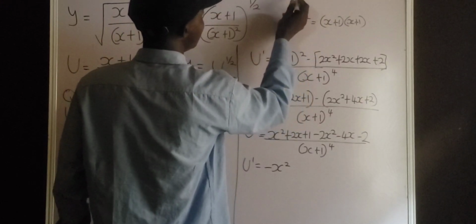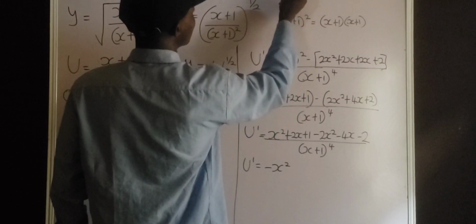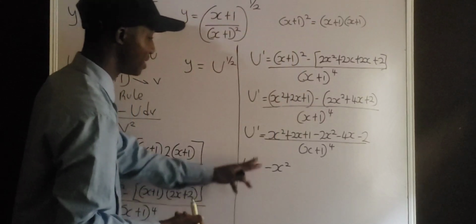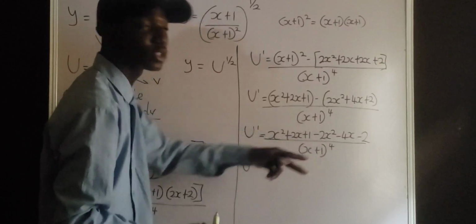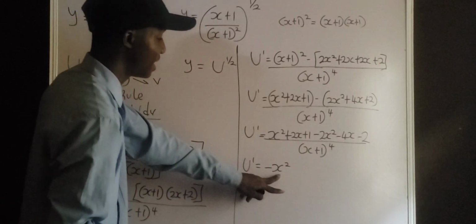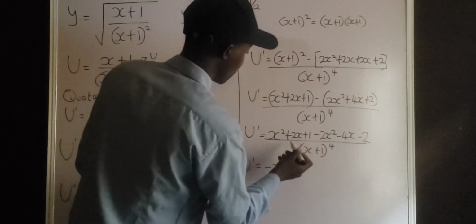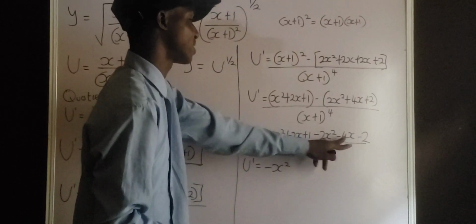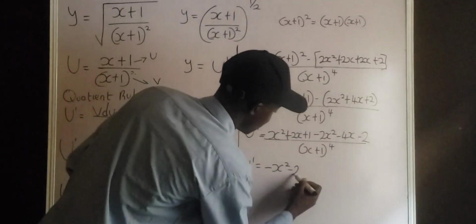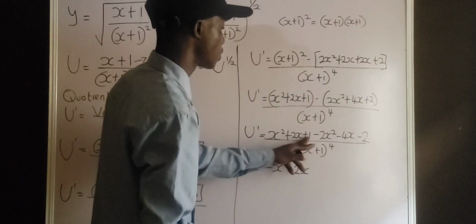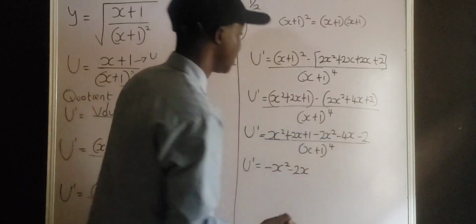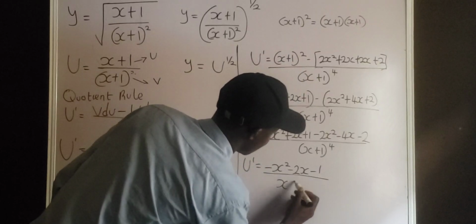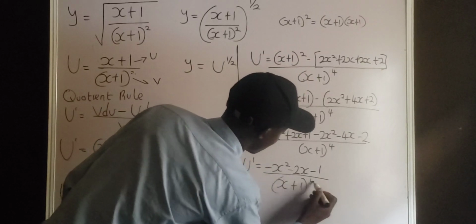Because this a represents 2a minus 1a. So that's what I did here. x squared minus 2x squared gives us negative x squared. So plus 2x minus 4x, that is negative 2x. Plus 1 minus 2, that is negative 1, all over x plus 1 raised to the power of 4.